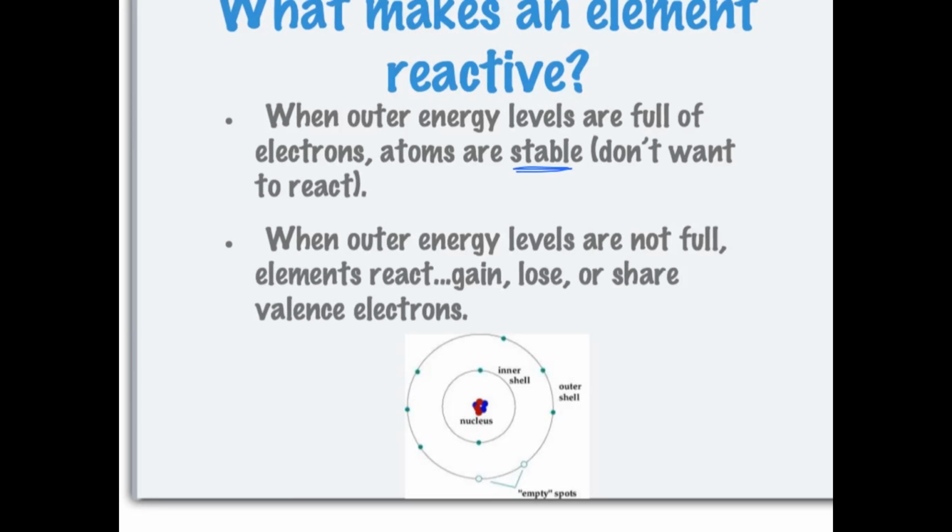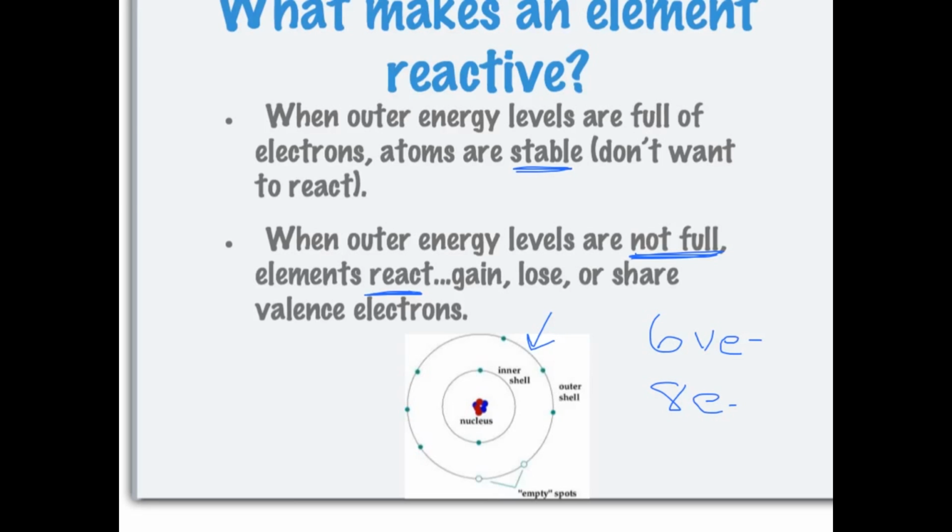Then we find if the outer energy levels are not full, that elements will react. They want to gain, lose, or share valence electrons. So looking at this atom model right here, we see that we have 6 valence electrons. We know that the second energy level, which is the outer level, can hold 8 electrons.